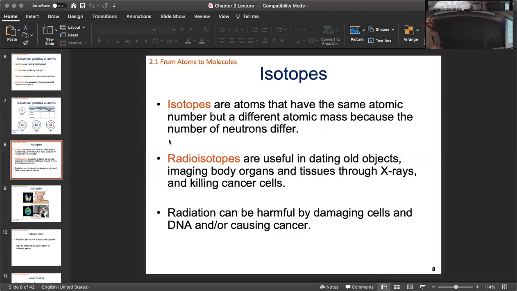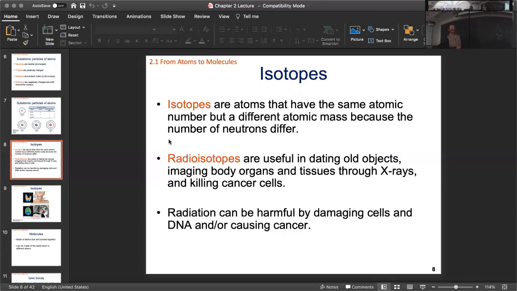It's the same atomic number. Remember, this one's the atomic number, but the isotope would be that this number underneath is different. Remember I said at the beginning that usually the protons plus the electrons, or you can think of it as the protons plus the neutrons, make up that number here.